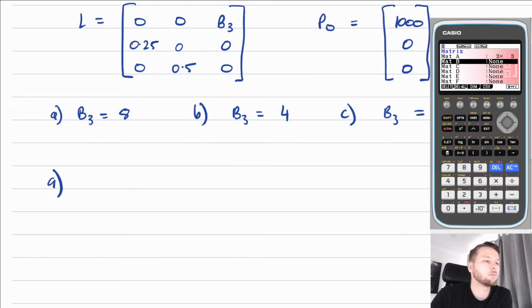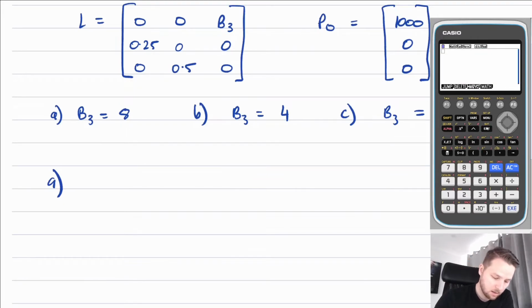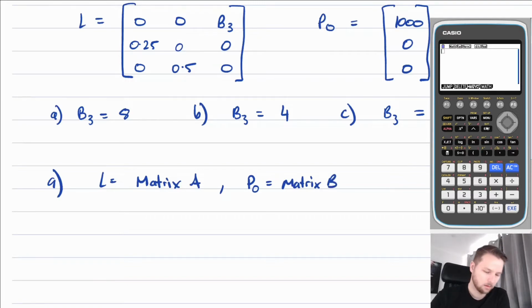And now matrix B, we're going to do our initial population, and that is 3 rows and 1 column. So initially we have 1,000 and then 0, 0. Press exit again. So L equals matrix A, and P0 equals matrix B. Let's just find P1.